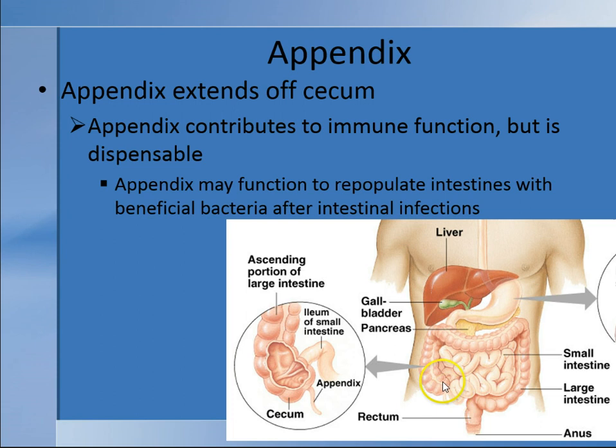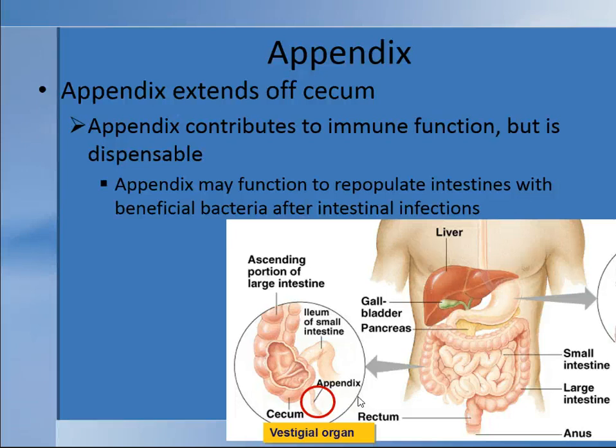Okay. Now, I don't know if you noticed, but off of the cecum, there's this little teeny thing, and this is the appendix. Okay, and the appendix is a vestigial organ, right? And a vestigial organ means that it used to be more important in another species that we evolved from. And so in other animals, the appendix actually does things.